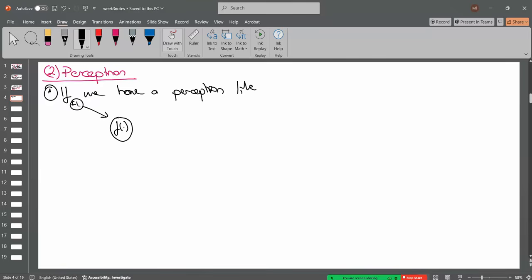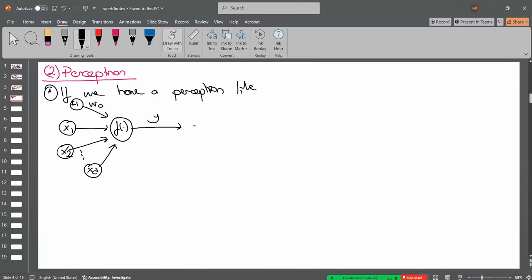This is plus 1 with w0, the bias term, and we can feed in the x1 value, x2 value, and so on up to xd, where d is the number of inputs. These terms x and plus 1, the bias value, are fed into the function f, and we can generate the y value.